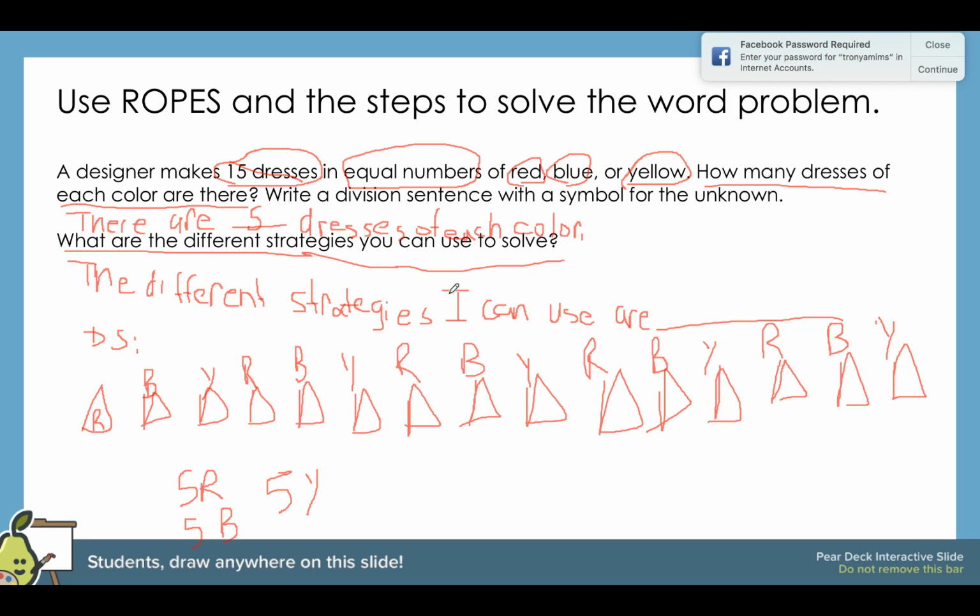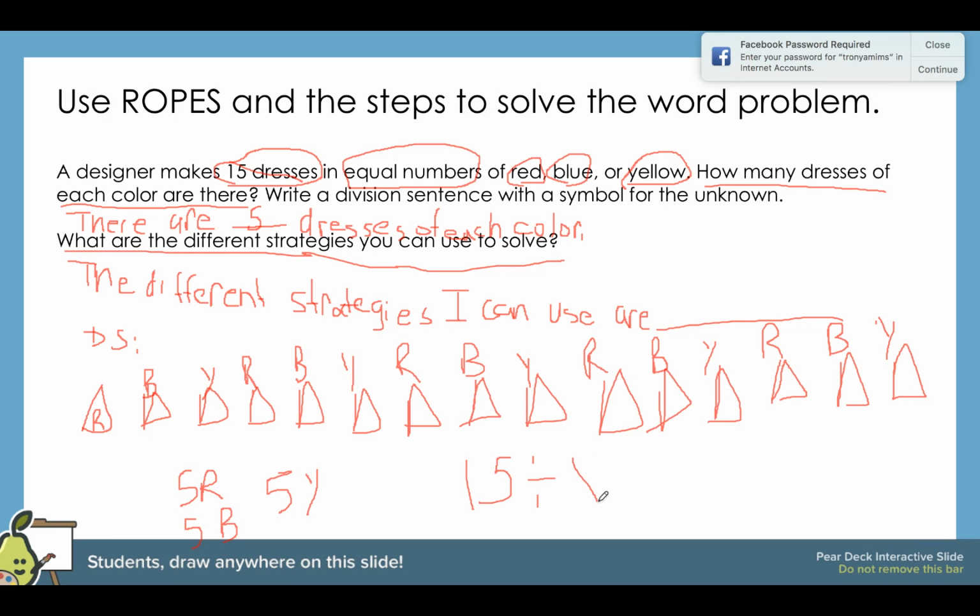Now it says I need to write a division sentence with a symbol for the unknown. Well, the division sentence would begin with the total amount. The total amount is 15. Divided by the number of groups.